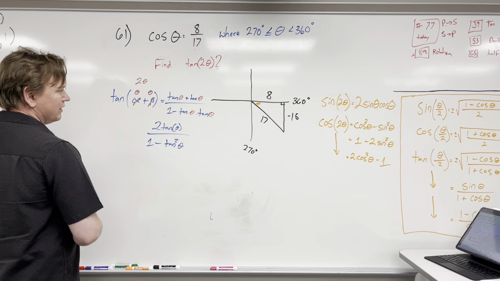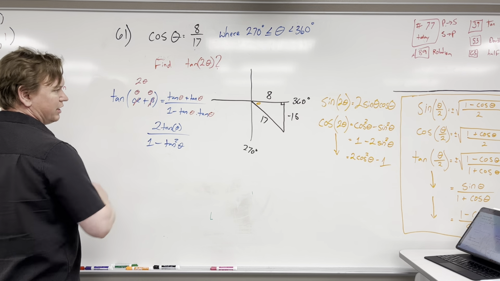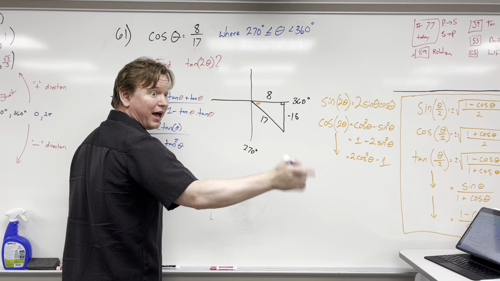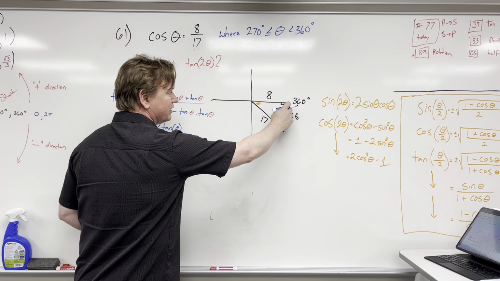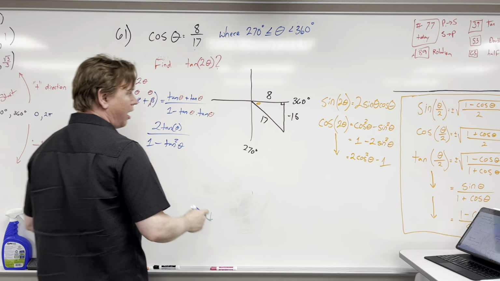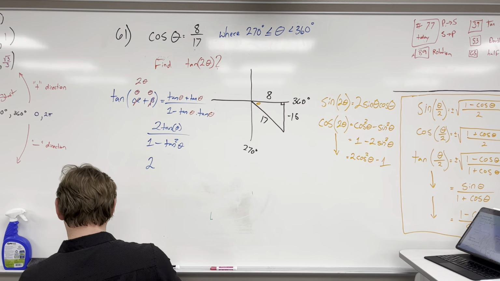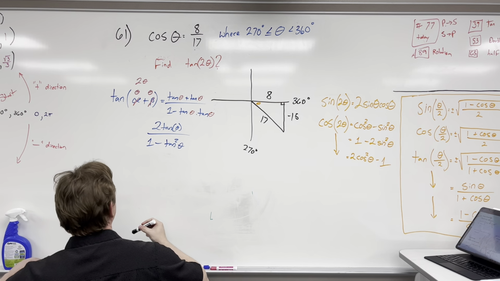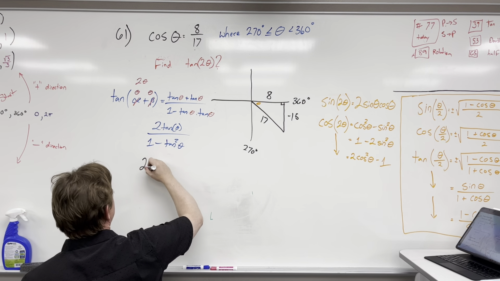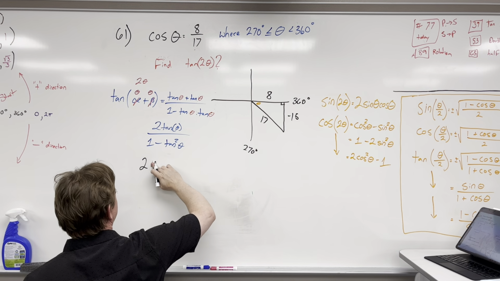So what is our tangent ratio? 15 over 8, or negative 15 over 8. Yes, opposite over adjacent. So we rewrite this with 2 and tangent.